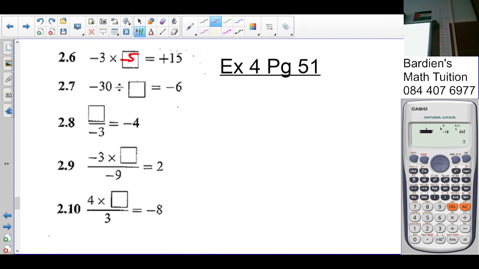Negative 5 times negative 3 is positive 15. Absolutely correct. The next one. Negative divided by what is negative? Positive. 30 divided by 5 is 6. Absolutely correct. The next one. You all agree with that? Positive 12. Positive divided by negative is negative. 12 divided by 3 is 4. Yes, next.